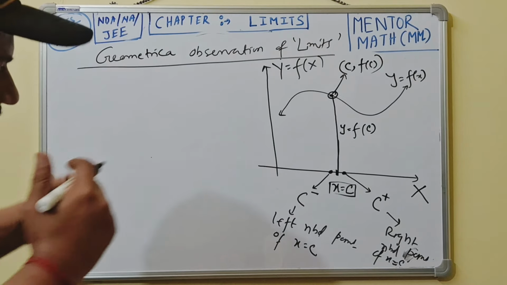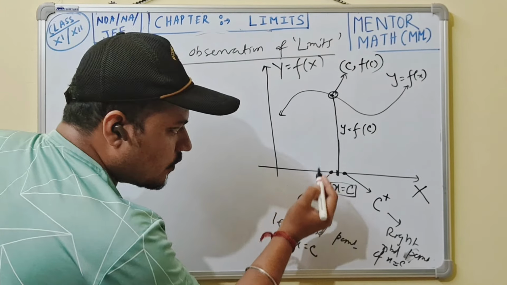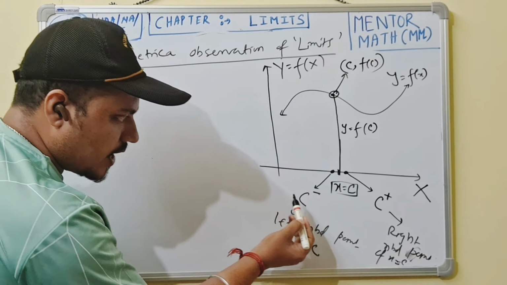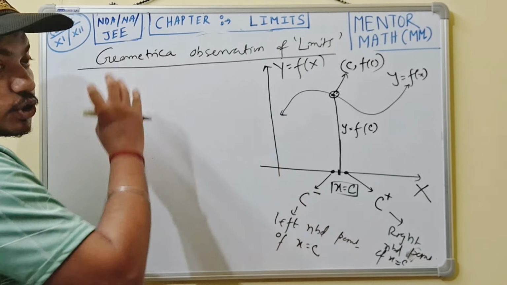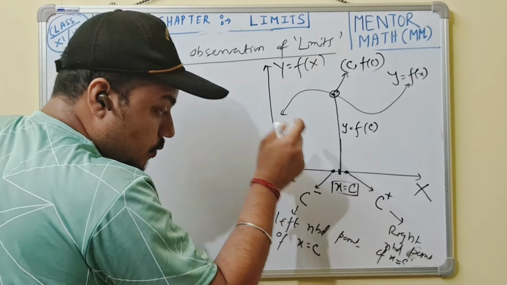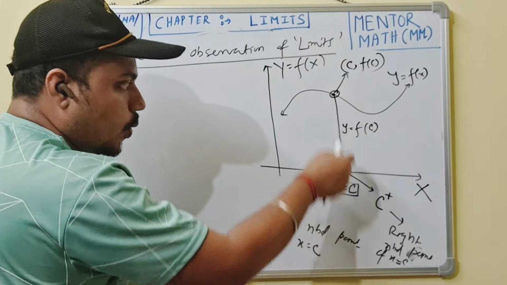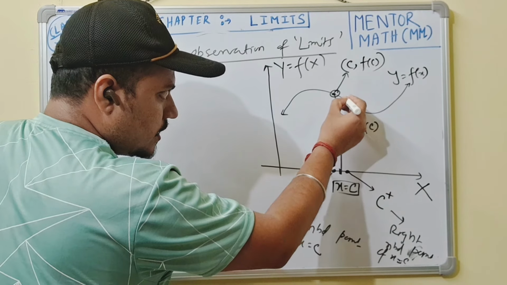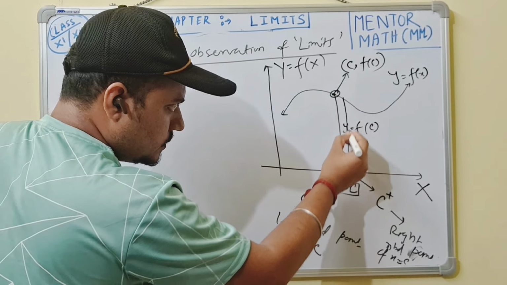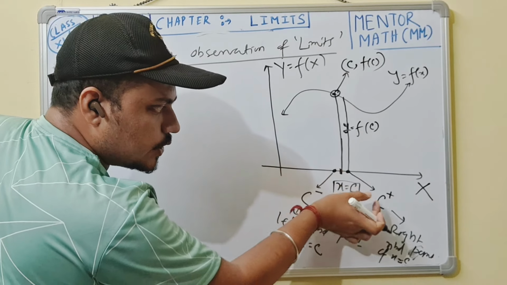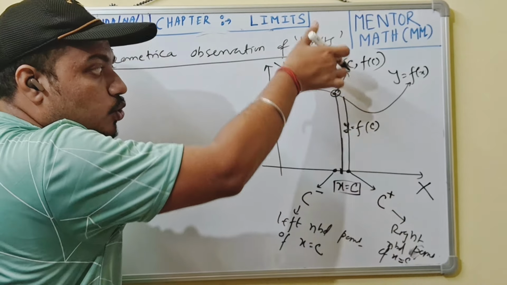Okay, so similarly you can find it for c plus as well as for c minus. If you come to c plus, you can easily find the y coordinate also. So let's take c plus. If I take x is equal to c plus, then what about y?